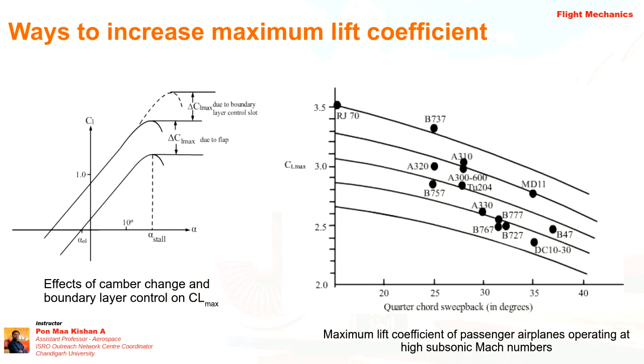For various swept back angles, let us see the corresponding CL generation. The Boeing 737 and RJ70, I cannot understand the aircraft company for RJ70, so I will try to look up what exactly it was. The Boeing 737 has a sweepback of 25 degrees, and it attains a CL max of around 3.3.